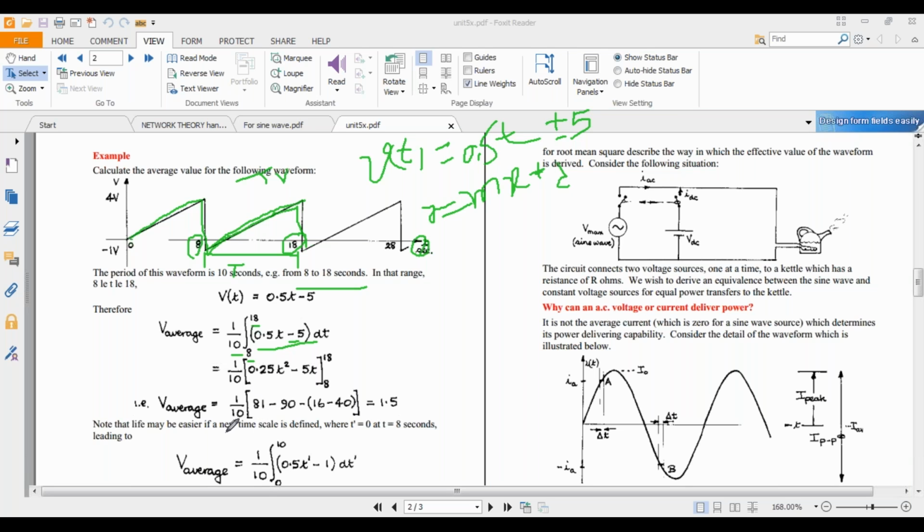Performing the integration, we are going to get its average value. The formula for the average value is 1 by T, integration with limits 0 to T, of the function of this waveform v of t into dt.